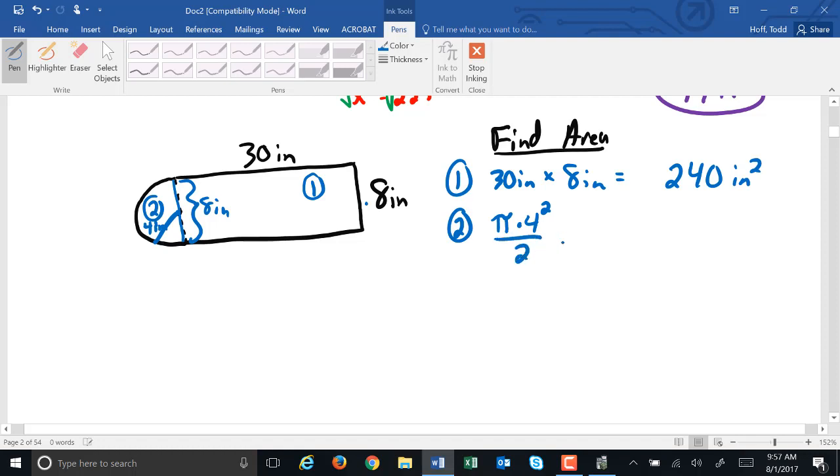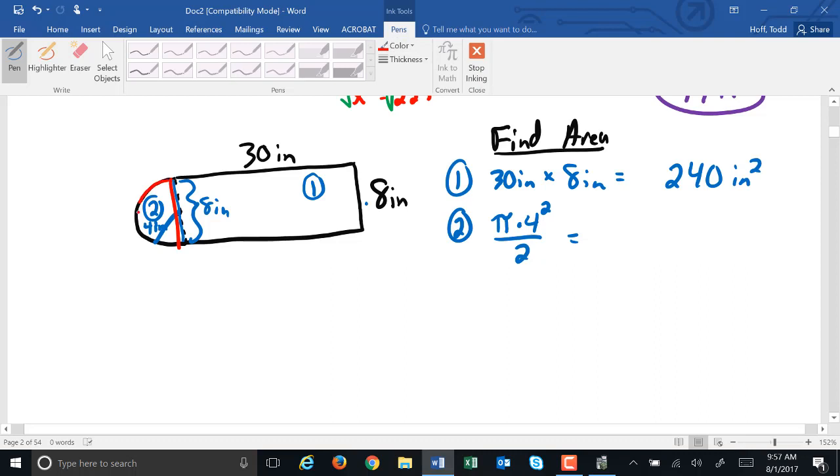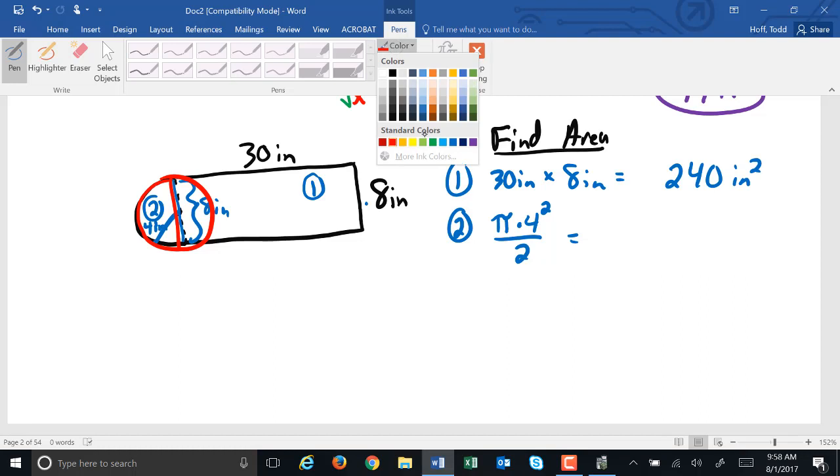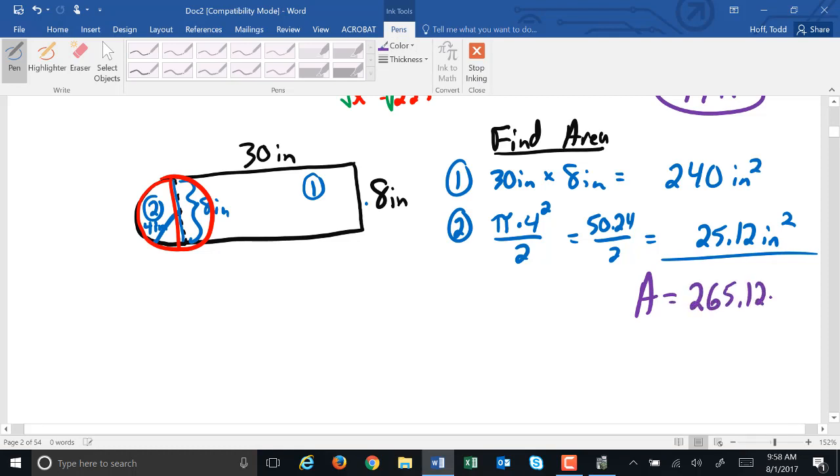Now, why am I dividing that by 2? It's only half a circle. It's not the full circle, it's just half of it. So pi times 4 squared is 50.24 divided by 2 is 25.12 square inches. We add those together to give us an area of 265.12 square inches.